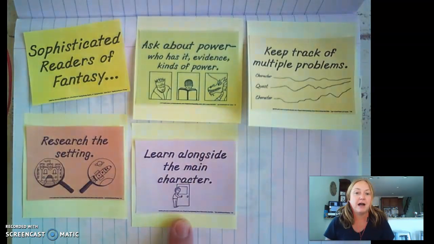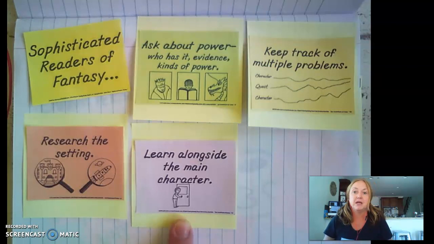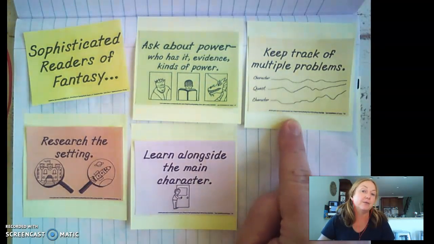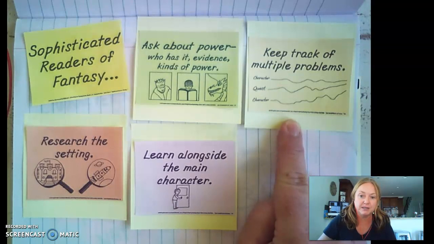Then we talked about how characters begin stories not knowing a whole lot, and they learn as they go, and sometimes we learn about the characters and what's happening in the story before the character even does. So we're learning alongside the main character. Then we talked about how problems can multiply. And it's very important that we use a graphic organizer or some kind of note-taking to keep track of multiple problems.